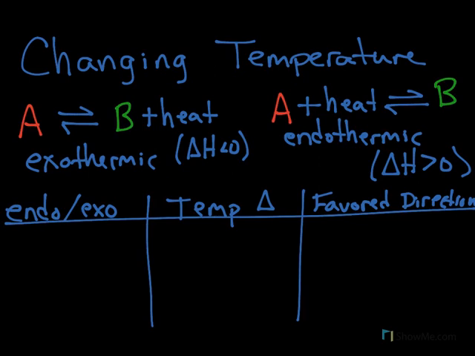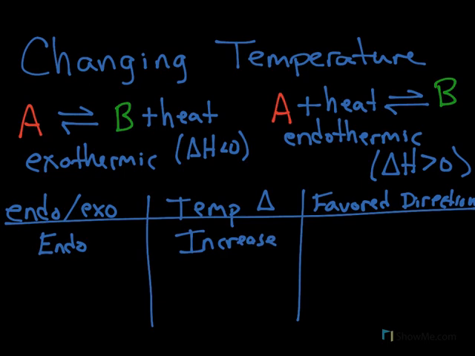This chart's easier than having to list out so many sentences. Let's say that the reaction is endothermic. So that's this section right here. Heat is being consumed like a reactant. And let's say for this one, we increase the temperature of the system.